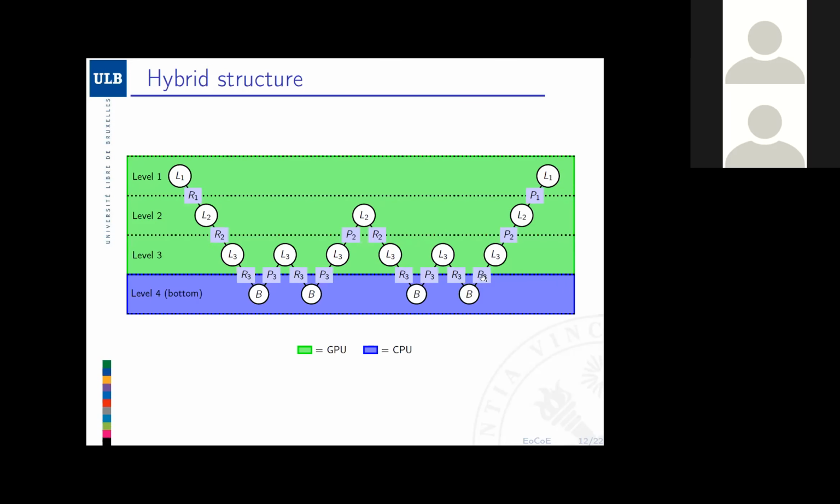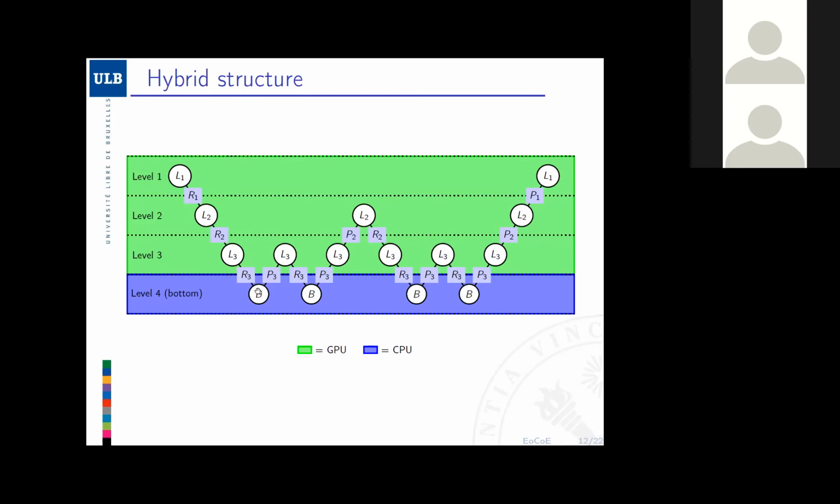So here we can see a little overview of what happens on GPU and CPU. These in green are the finer levels, which are computed entirely on GPU. When we arrive at the restriction step, we copy the residual to the host memory.